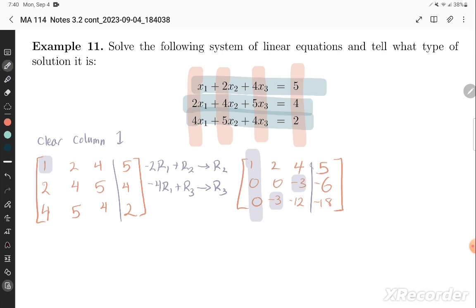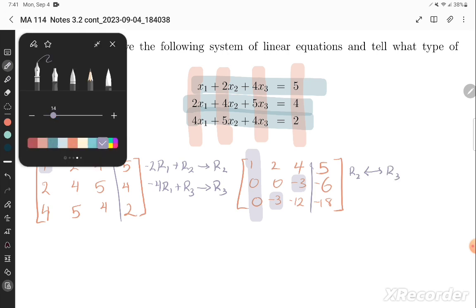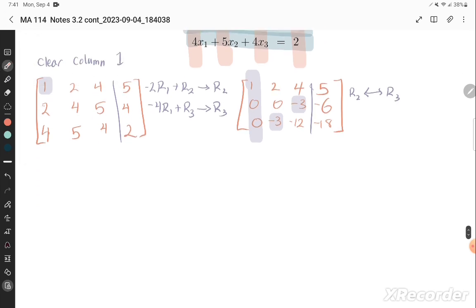So let's switch row 2 with row 3 in our matrix, because we don't want our leading entries in the row below to be to the left. We want our leading entries in the row below us to be to the right. So I'm going to switch those rows.